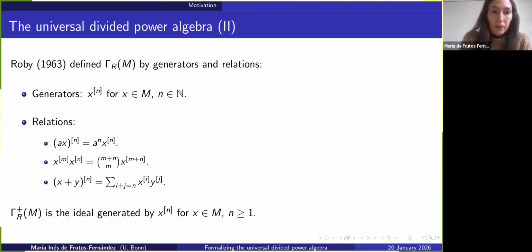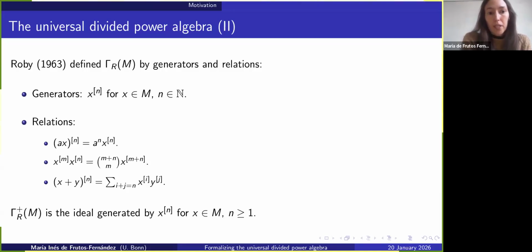If we do that, we get the underlying ring of the universal divided power algebra. If we look at the ideal generated by the generators of the form x^n, where x is an element in M and n is at least 1, then we get the ideal corresponding to the universal divided power algebra.